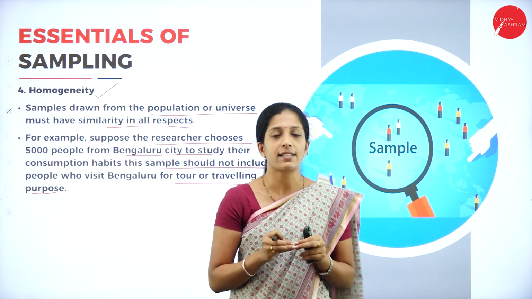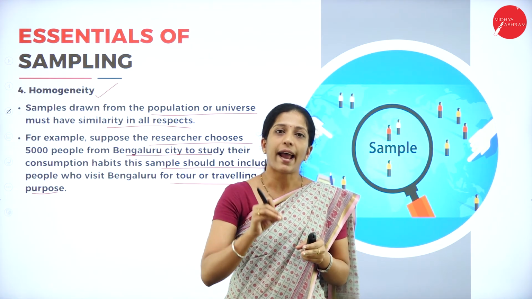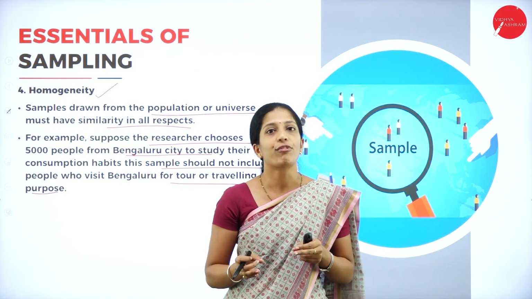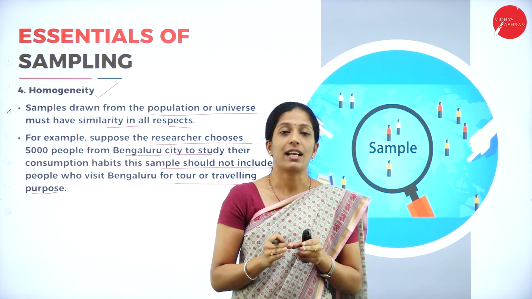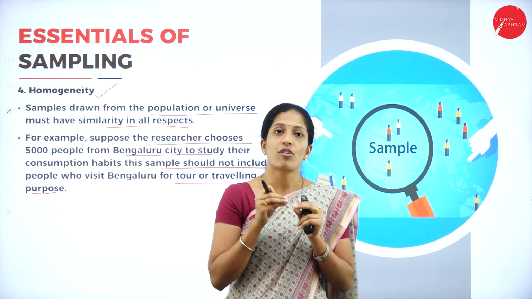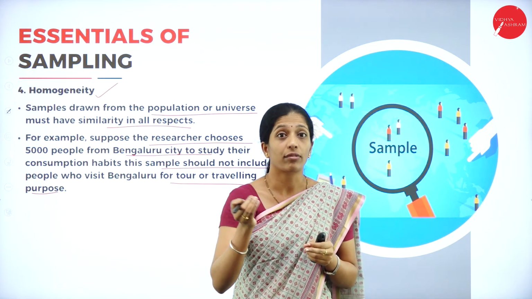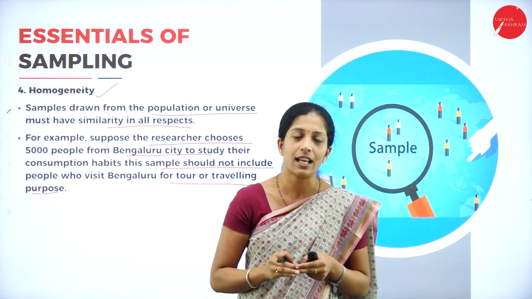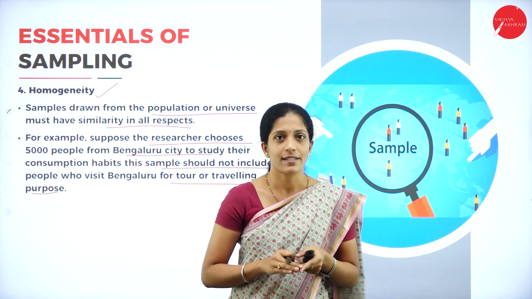While deciding the sample, the researcher has to be very careful whether they are actual residents of Bangalore city or have come for a tour. Only residents of Bangalore can be selected as a sample, not the person who has come to visit Bangalore and is staying for 2 to 3 days or even for 1 year. They cannot be considered as a sample.